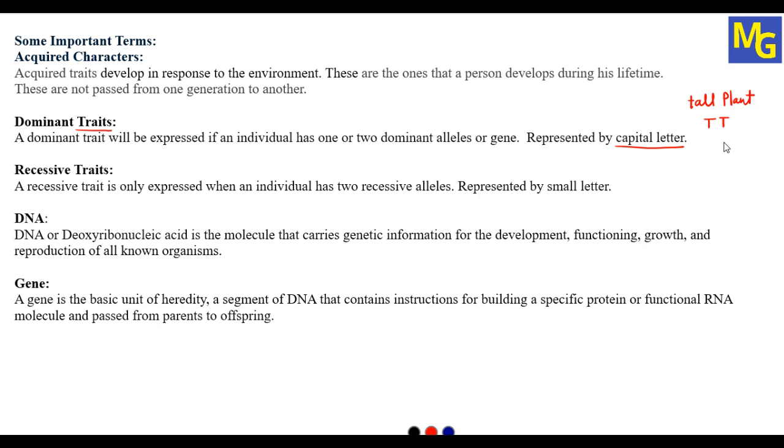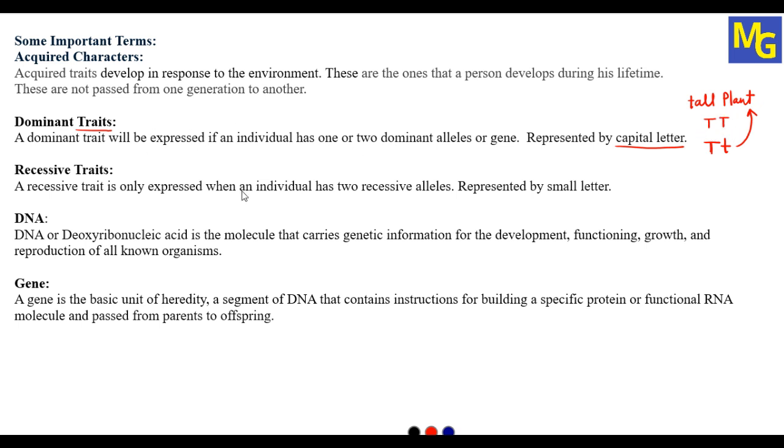And if I take a capital T and small t, even in this case, one T is capital. So in this case also, this plant will be a tall plant. So it is not compulsory that both should be capital. Either one should be capital or both should be capital. Then that gene will be expressive, and that is called dominant.